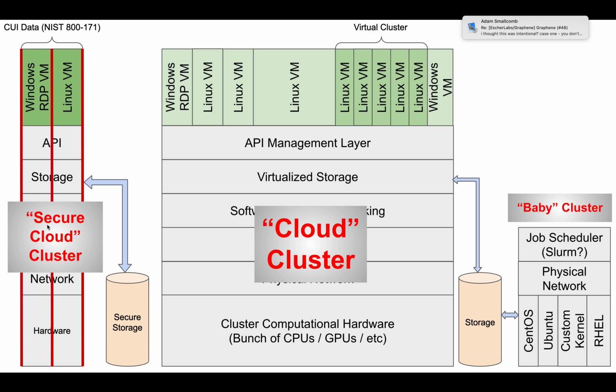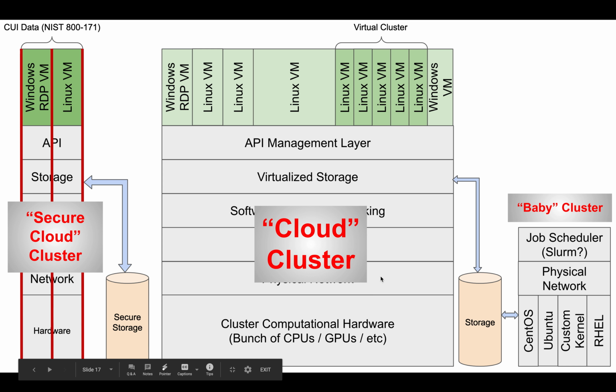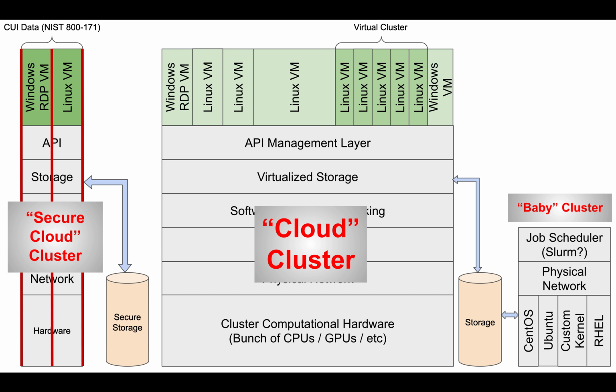And so effectively what we've ended up with here is a baby cluster, which is a very purpose-built cluster to meet that very purpose-built research of hypervisors. We've got our cloud cluster, which is the workhorse of this whole thing, where we're going to put all of these VMs and have all this dynamic capability for researchers to spin up servers and remote desktop machines and all of that kind of stuff.